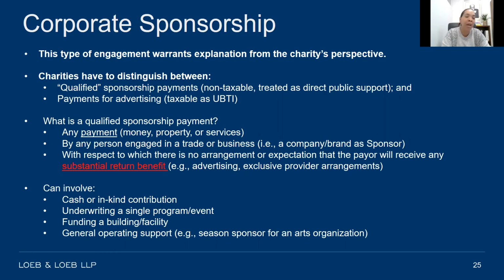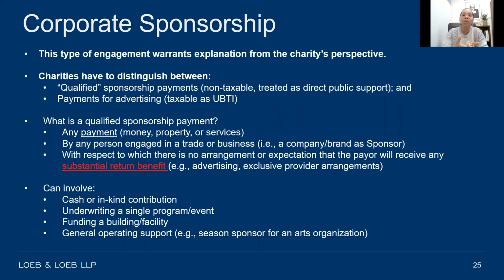Even if from the company's perspective it is not necessarily in your charitable contribution bucket, that is to say, even if you think of it as a business expense, a marketing expense, you've got to know that from the charity's perspective, it is really important, and they're trying really hard to prioritize the bucket that will allow them to report it on their Form 990, that's their annual return, and their financial statements and annual reports, that it was public support, that it was a contribution, that it was a gift, that it wasn't a payment for services, that it wasn't a payment for advertising.